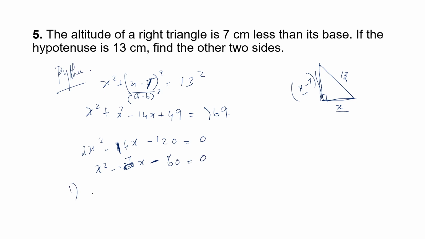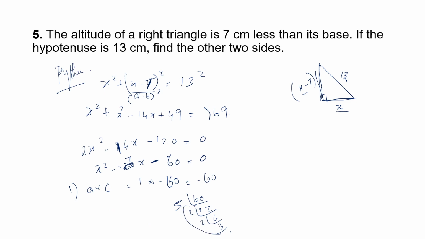Now first, a into c, 1 into minus 60, factorize that. Take two factors such that you will get minus 7 here. 10 and 6, no. 20 and 3, no. Then which one can we take? 3, 6, 12, 12 and 5, yes.